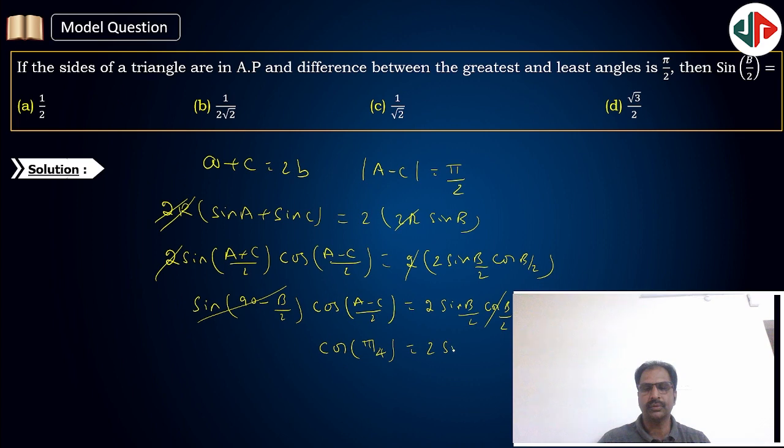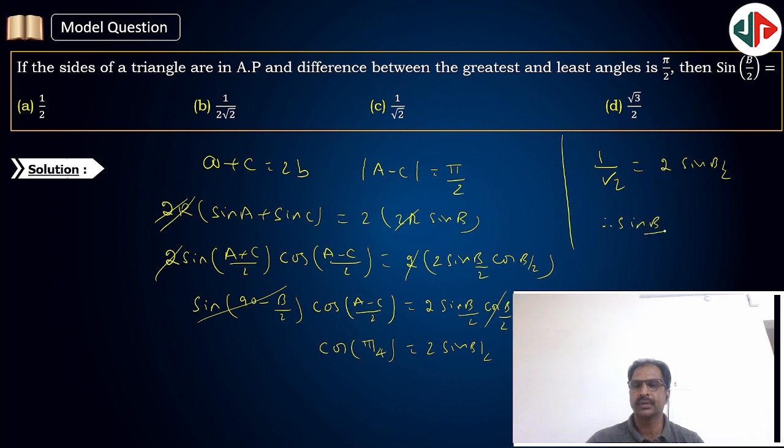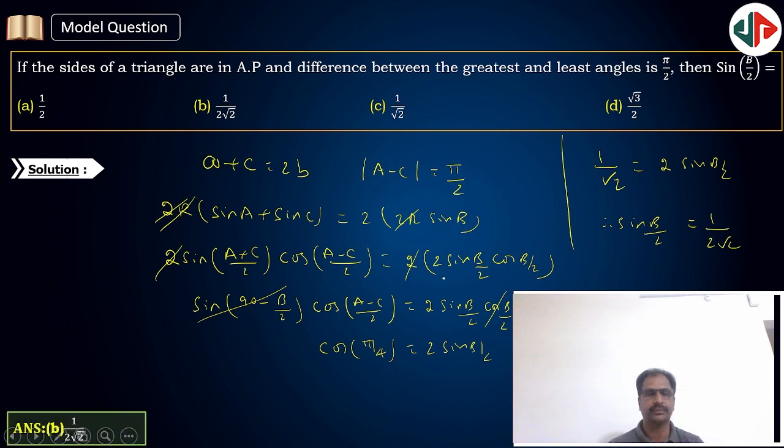Cos 45 is 1 by root 2, so 1 by root 2 is equal to 2 sin B by 2. Therefore, sin B by 2 will be 1 by 2 root 2. Option B is the correct answer. So use sine rule and then transformations.